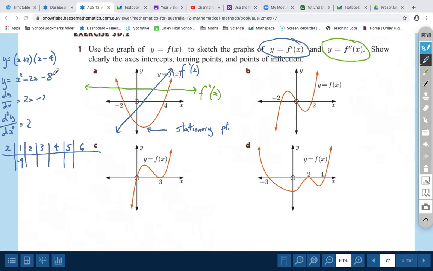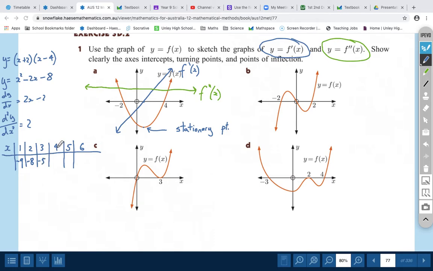Then if I plug 2 in, I'd get 2 squared is 4, minus 2 times 2 is 4, so that's 0 minus 8. Then if I plugged 3 in, I'd have 9 minus 6 minus 8, it's minus 5.